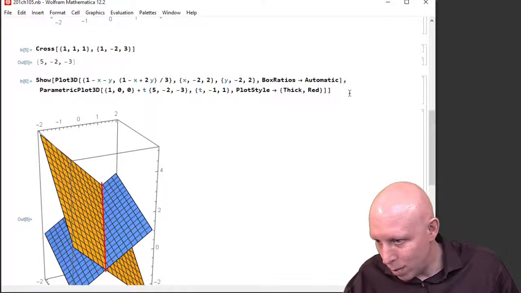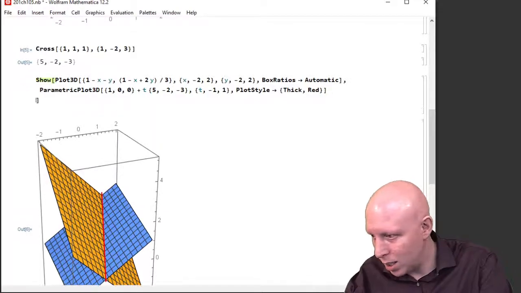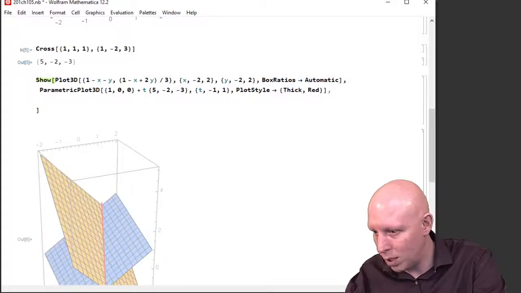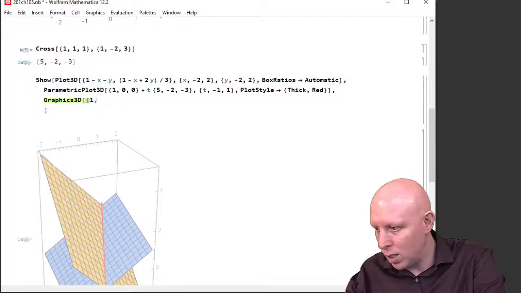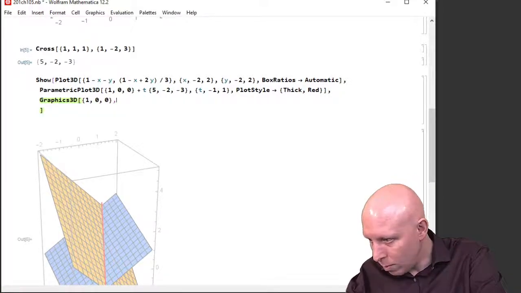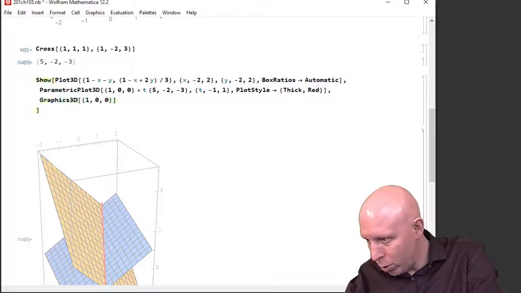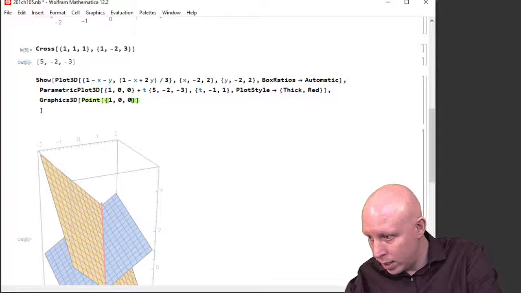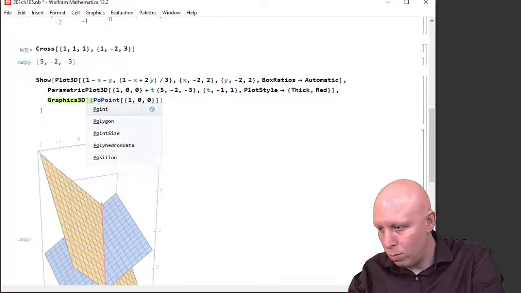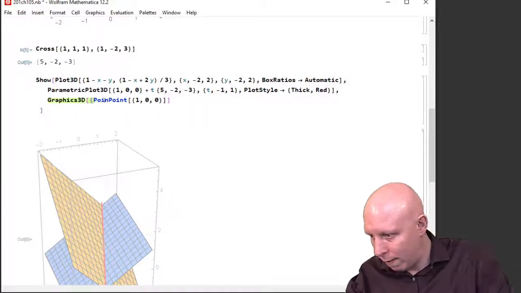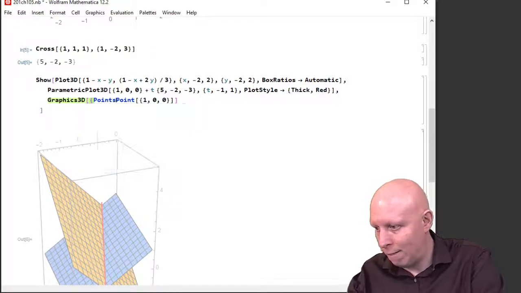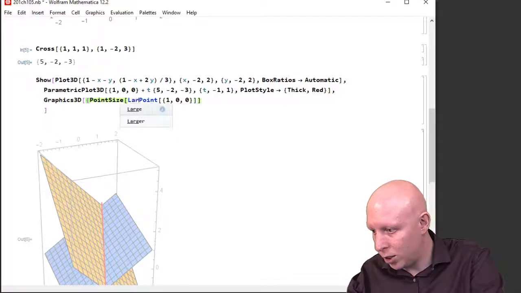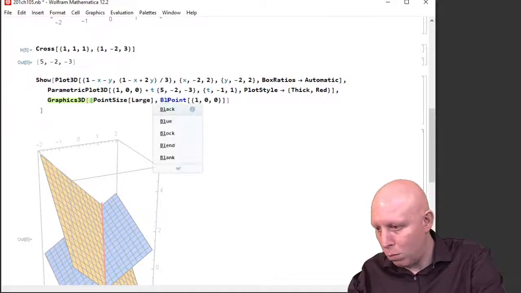And let's put that point that we liked in there. This is a Graphics3D object at (1, 0, 0). We want a point there. And let's make that a large point size, and we're going to make it a black point.